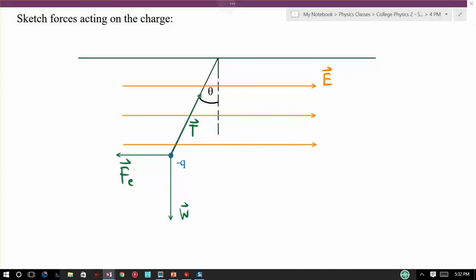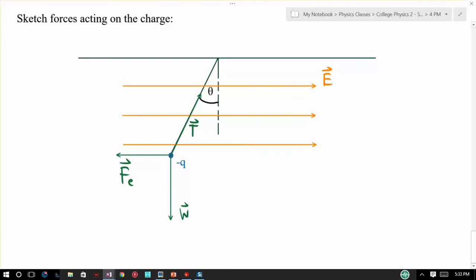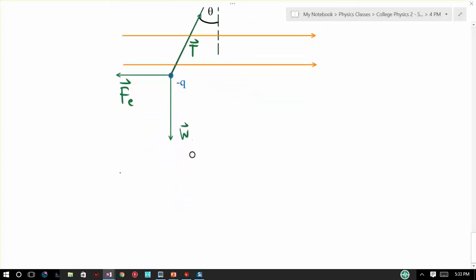Okay, so 2 of these are pretty easy to write down the components for. Let's do this first. W only has a y part, no x part. So Wx is 0, and Wy is minus mg, because it's going in the negative direction, and the weight is mg going down, negative y.